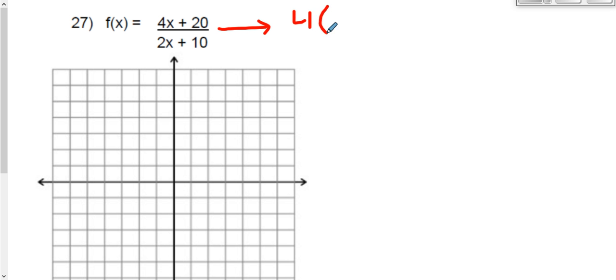So we're going to factor that out, and we're going to write down everything left once the 4 is gone. 4x divided by 4 is just x. 20 divided by 4 is 5. There we go. Let's factor the denominator. It has a GCF of 2. So let's take 2 out of both terms in the denominator. 2x divided by 2 is x, and 10 divided by 2 is 5.